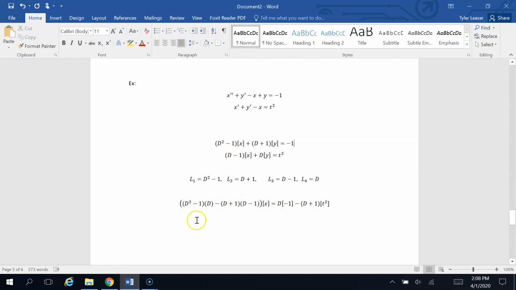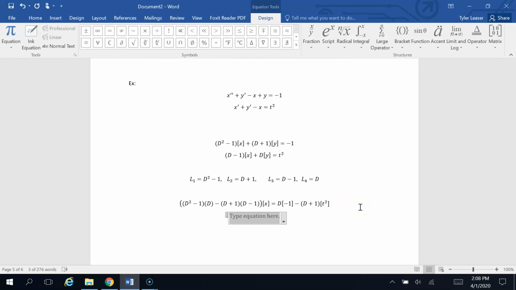That whole thing is being operated on just x after you add the two equations together. On the right-hand side, we're going to have d operating on this function -1, and then negative d plus 1 operating on the function t squared. So let's simplify this down, and it will simplify down not horribly. So I simplified it down like this.